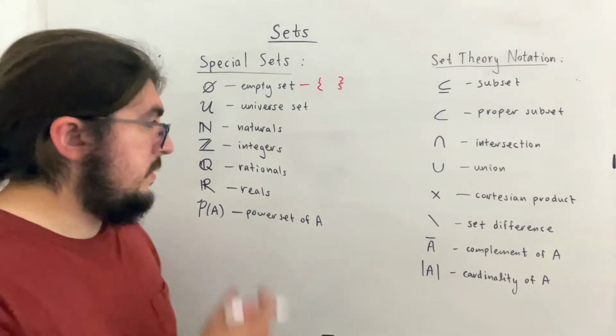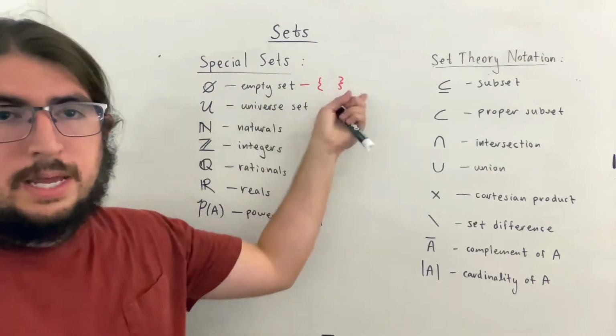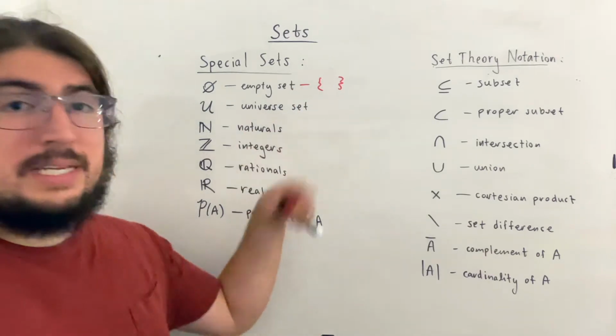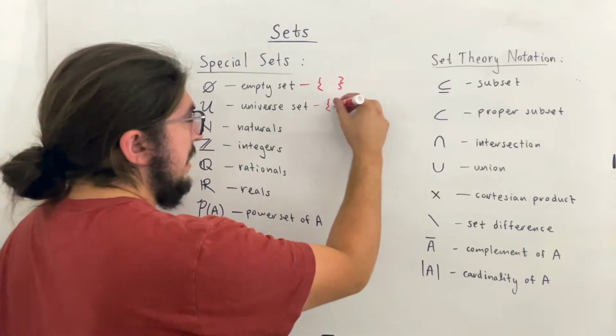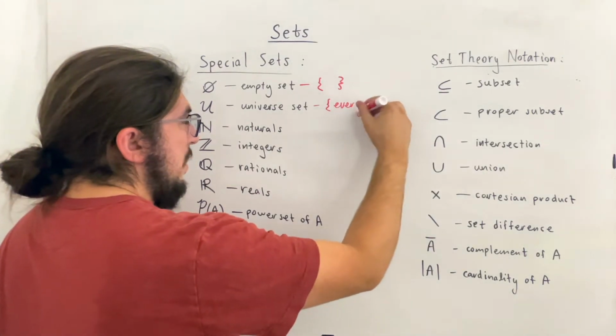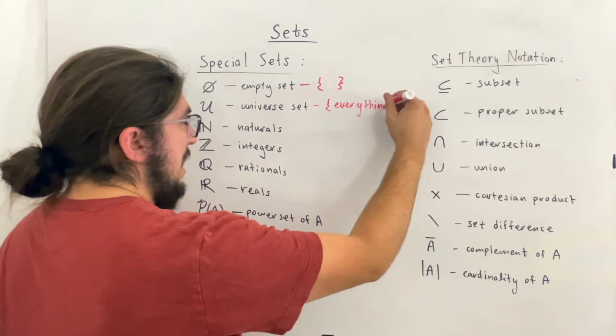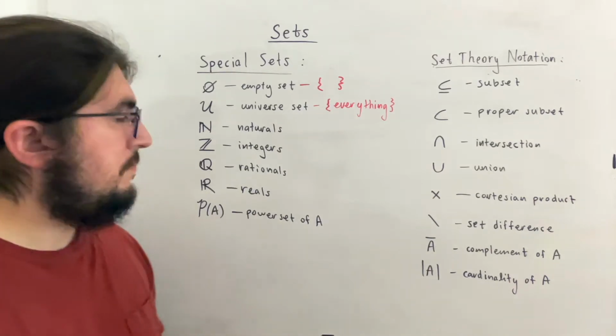That's a little harder to describe, unlike the empty set, but it's just a set that contains everything. So maybe I can write that: a set that contains everything. This kind of makes it look weird, like everything is an element of this set, but I mean that everything is the set of all other elements.